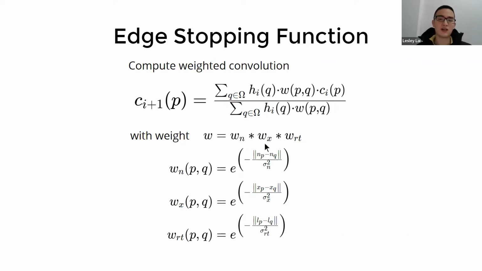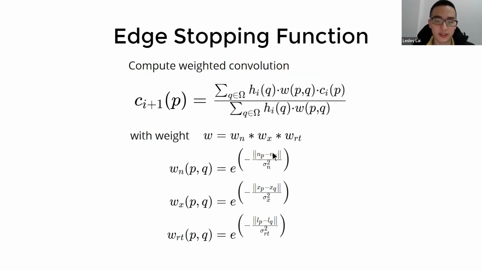How does it work? You can see in each individual term, we calculate the differences between our current pixel and the pixel in the convolution that we want to calculate.